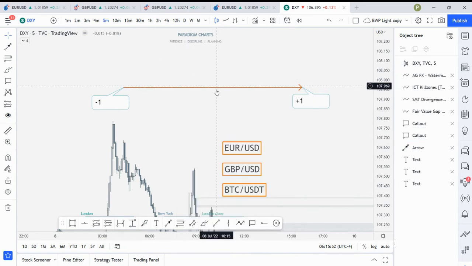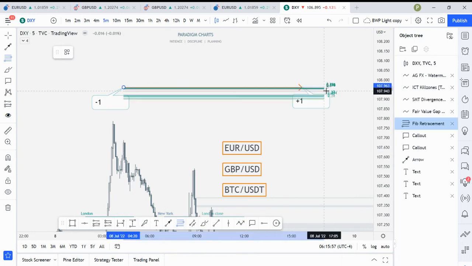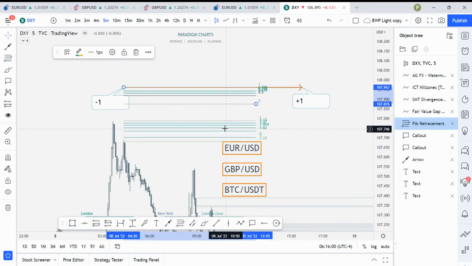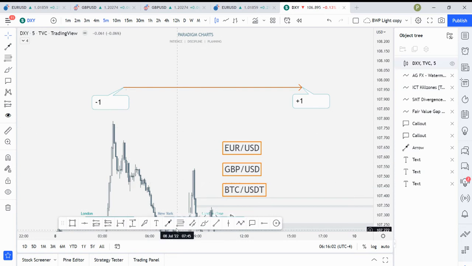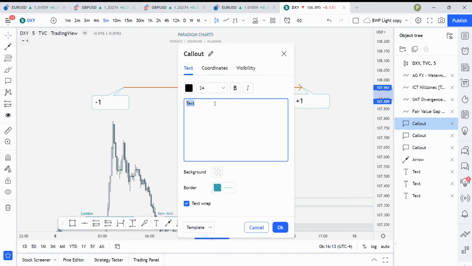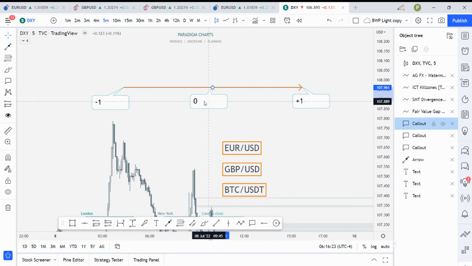Let's just assume this is the middle. The middle would be 0. So let us assume we have a scale from -1 to 0 to +1.